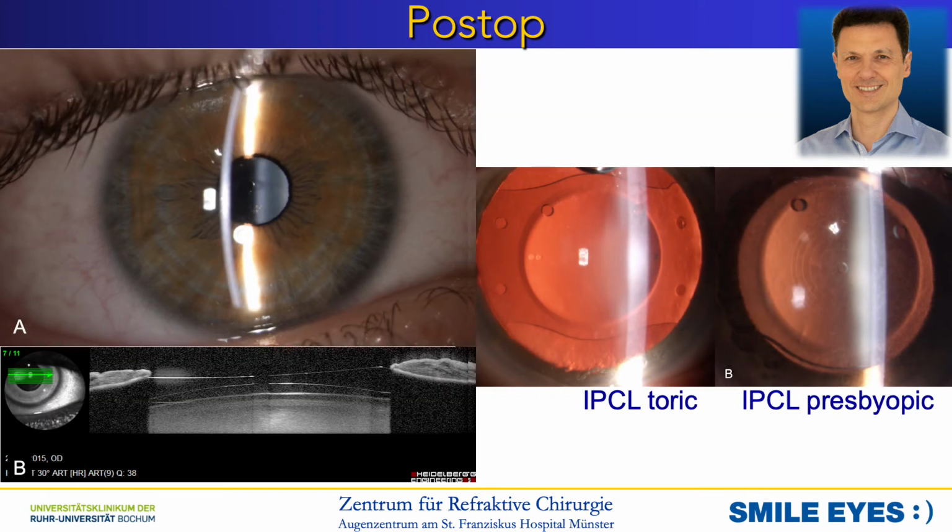And here you see some post-op findings at the slit lamp on the left hand side, and down below on the anterior chamber OCT, where you can appreciate that we have a good vaulting without touching the crystalline lens. The IPCL, as the ICL, has a toric version also, and the IPCL, as I said, has a presbyopic correction with diffractive optics.